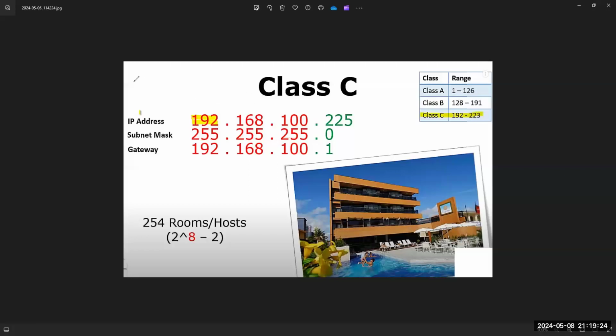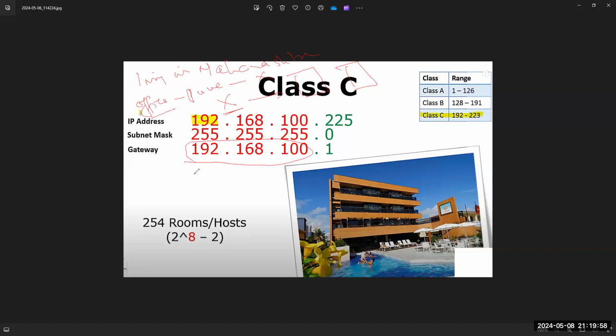Suppose I am living in Maharashtra, and I have an organization in Pune, in area X. If I want to connect to all the laptops within X, then the network should be this one.